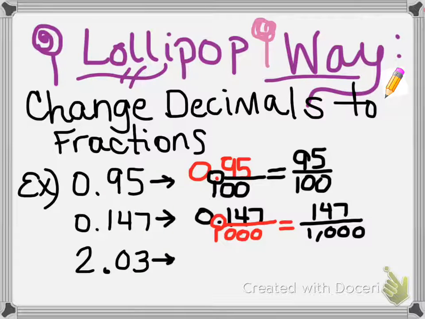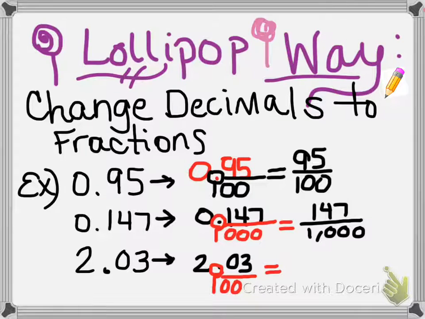Okay, now let's try this example. It has a whole number to the left of the decimal point, and you will run into that occasionally as well, and I want you to know what to do with the mixed number. So, again, lollipop method. You've got your gumdrops and your fraction bar. So, remember, this is a mixed number.